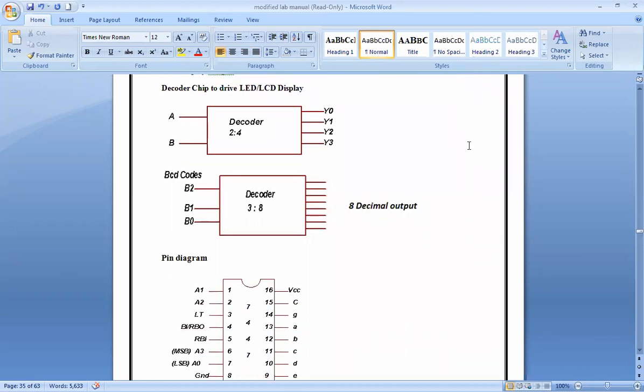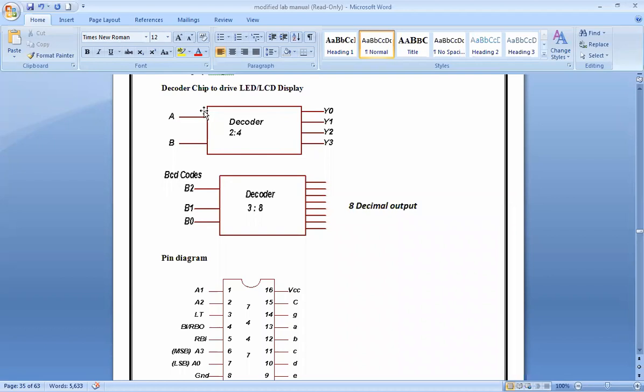The first one that we'll be seeing is the decoder chip, which needs to drive the LED or LCD display. Whatever combination we give should be understood by your IC.